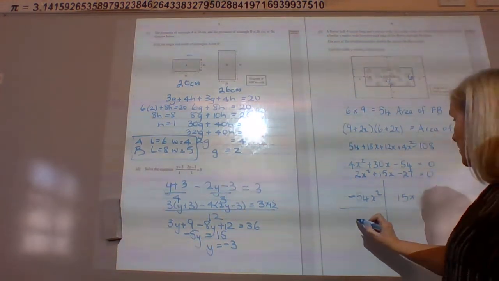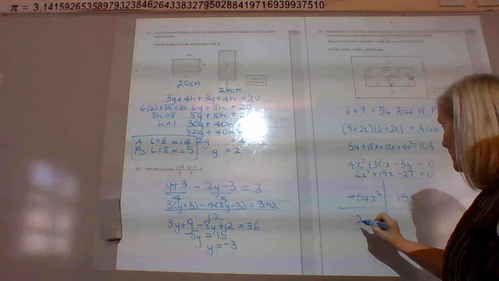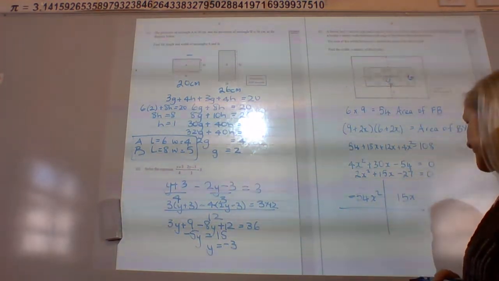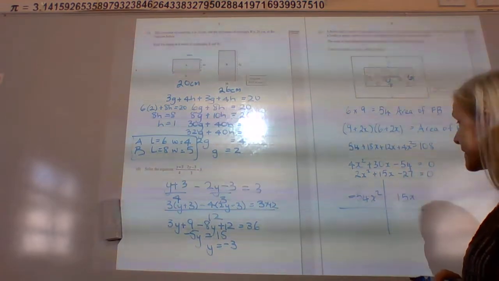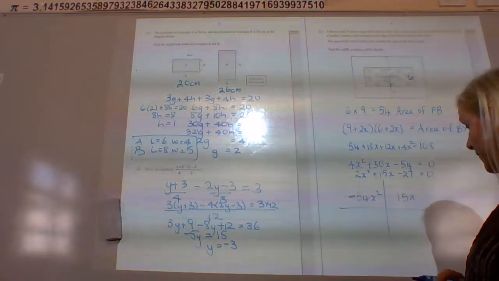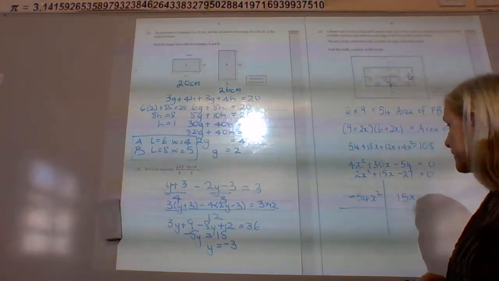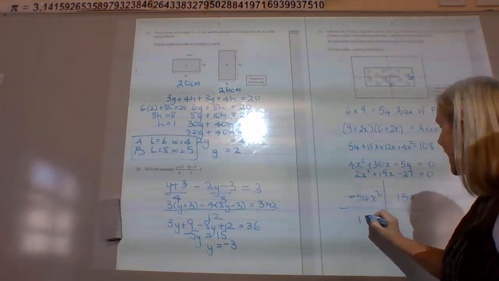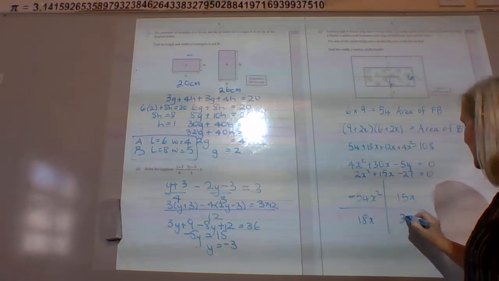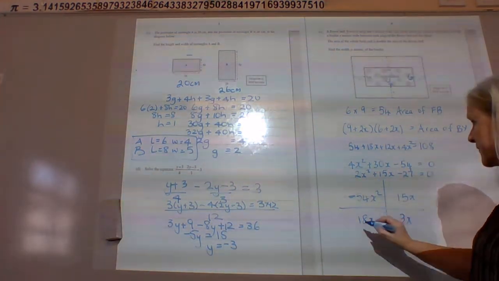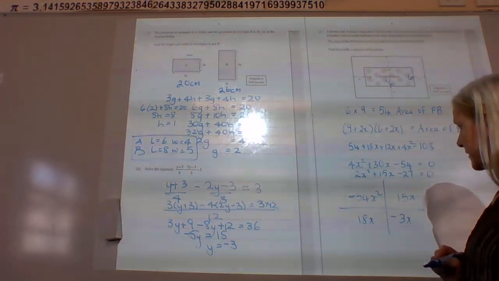All right, so it's going to be positive 27 and 2 doesn't give me 15. 4s, no, 3s. Do 3s go into 54? 3's 30, 24, 18. Okay, so it's going to be 18x and 3x.